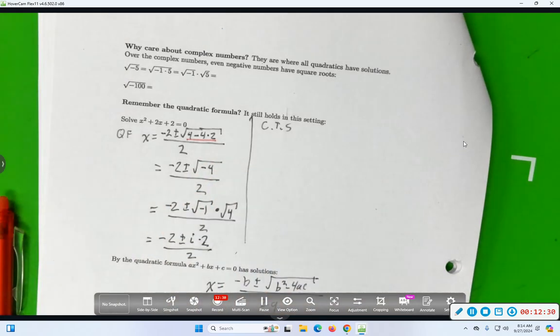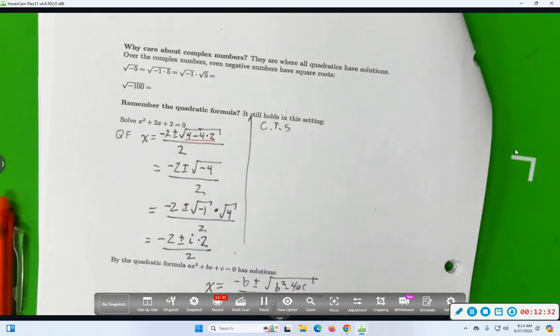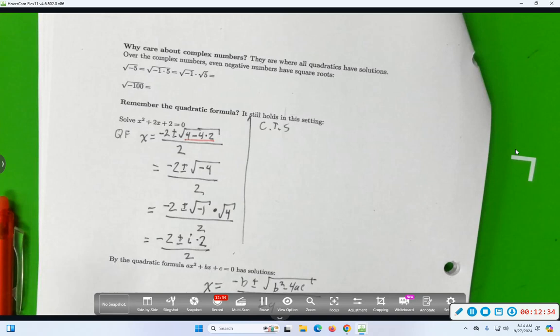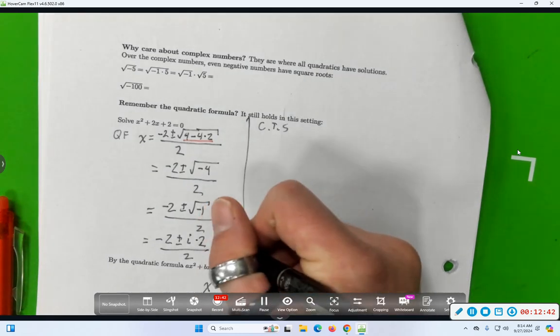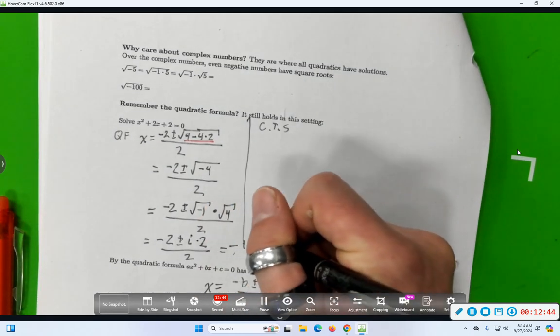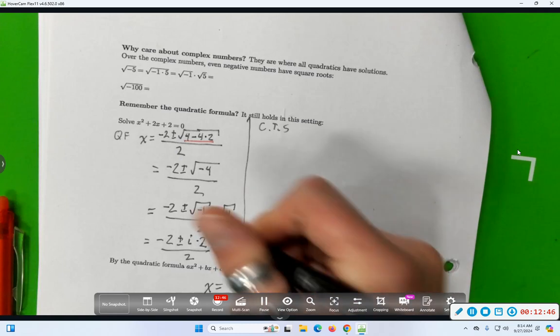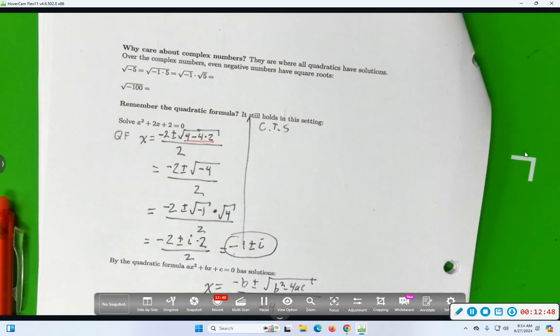Any simplifying? I guess any further simplifying. All of that was simplifying. Negative 1 plus or minus i.